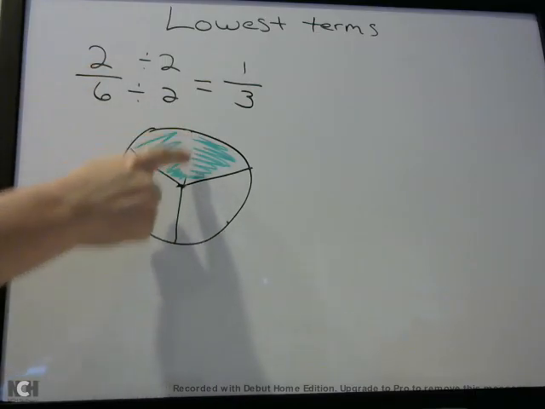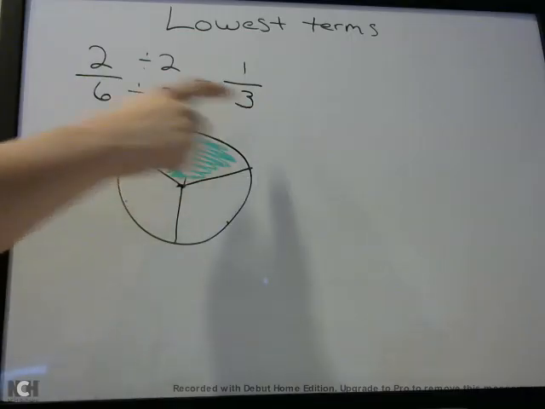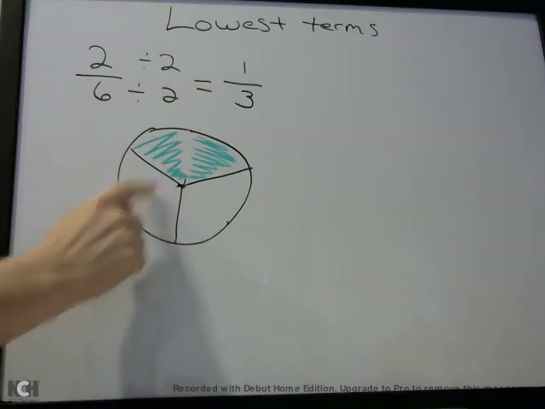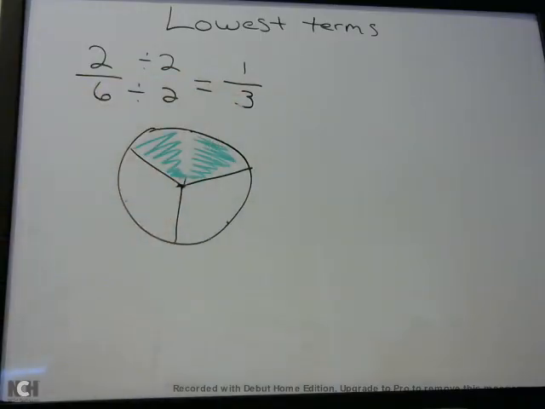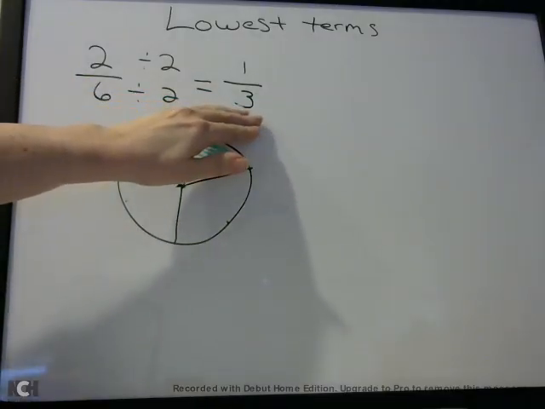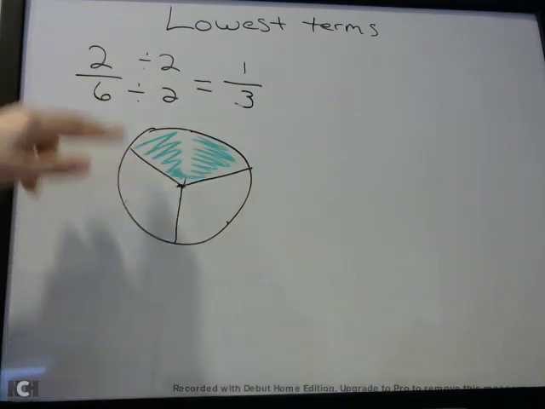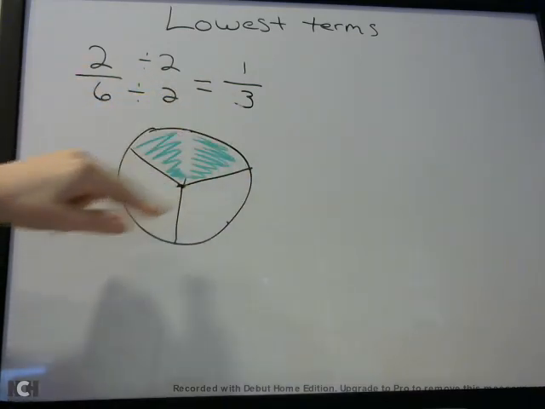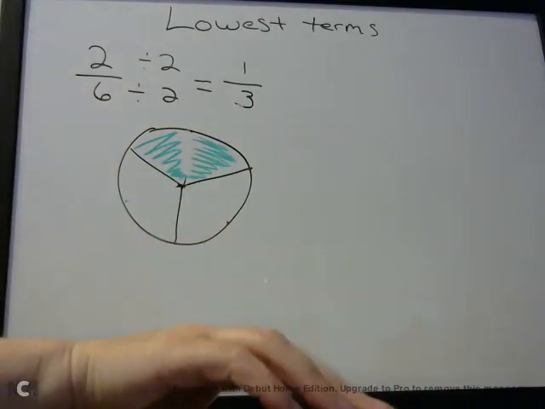So 2/6, when we put it in simplest form or in lowest terms, came down to 1 out of 3, or 1/3. That's really what we're doing here, just taking fractions and getting them into the lowest numbers that we can. But these are actually equal. 2/6 is the same thing as 1/3, as shown here.